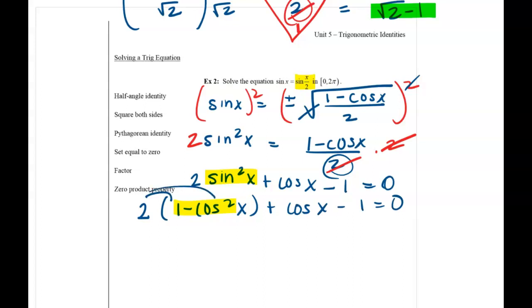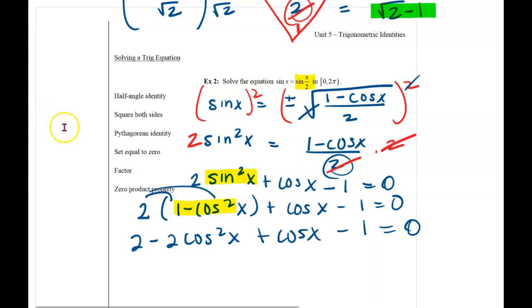Take the 2 and distribute it. 2 subtract 2 cosine squared x plus cosine x subtract 1 equals 0. Alright, so from there, we're just going to reorder everything.